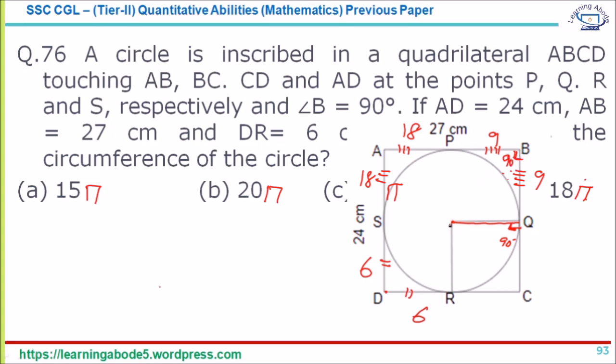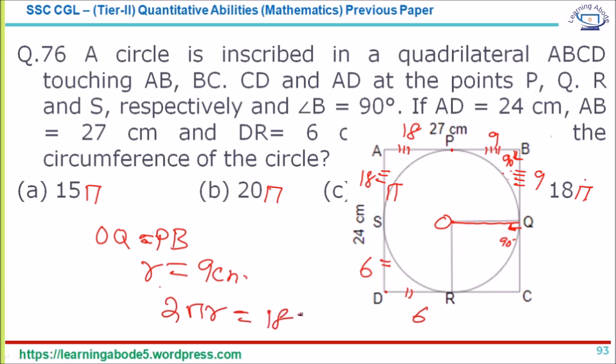So these two are parallel, and it's touching the circle at this point, right? So we can say that OQ is equal to PB. What is OQ? That's the radius. So radius is equal to 9 centimeters. So what we want is the circumference of the circle, which is 2 pi r. That's 18 pi. That's answer option D for this question.